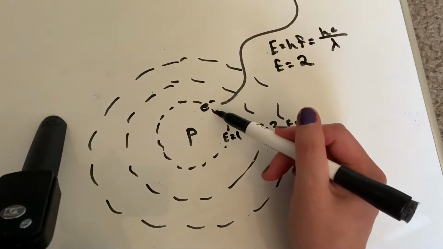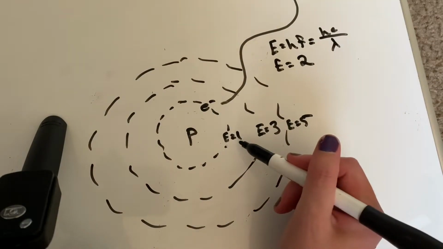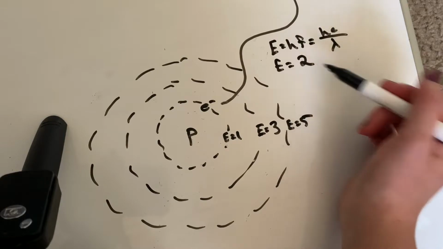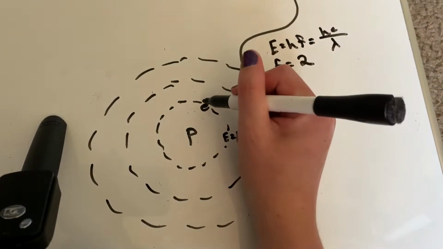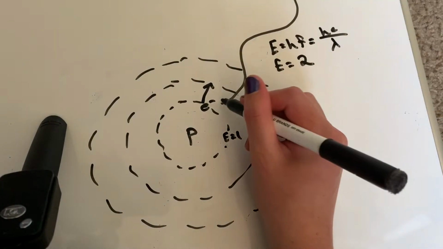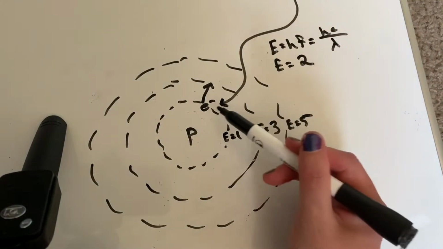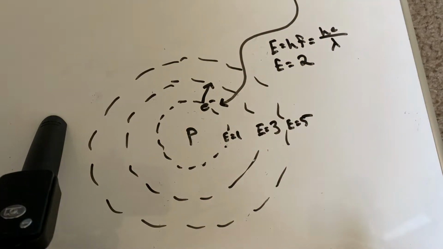That energy can get absorbed by this electron, and now this electron has not only the energy of 1 from the ground state, but additionally, plus 2 gives us a total energy of 3, which means our electron can now bump up to the second energy level. We call this process absorption. A light wave gets absorbed by the atom, and the electron gets boosted up to a higher energy level.